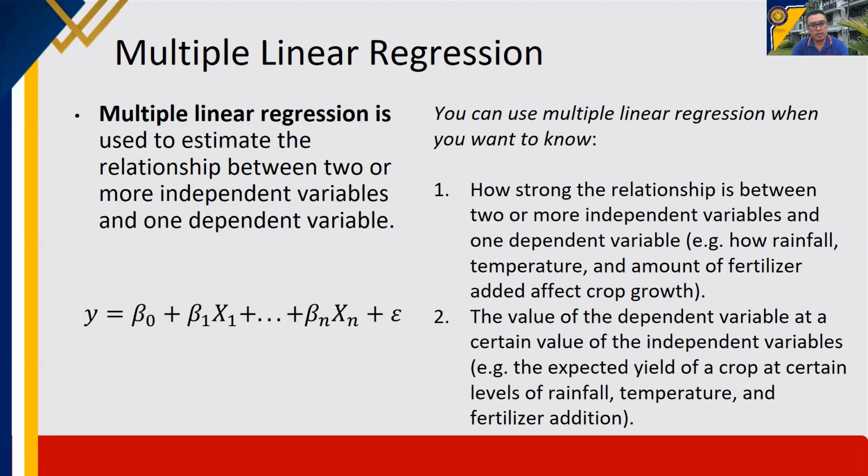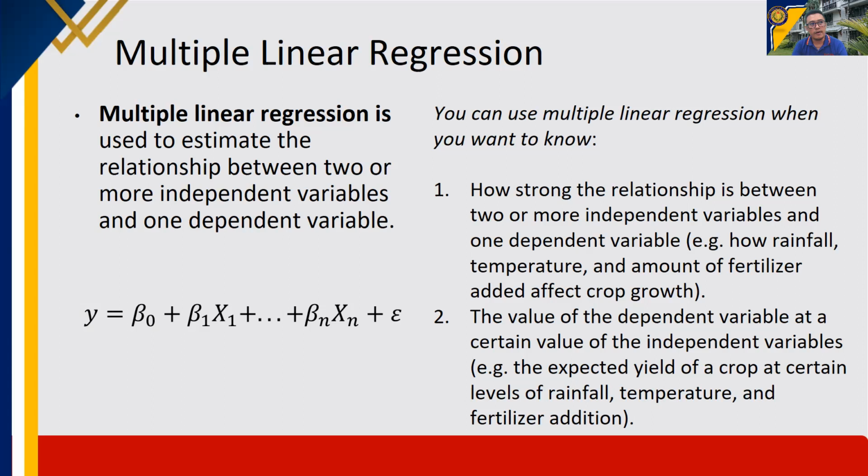Multiple linear regression is used to estimate the relationship between two or more independent variables and one dependent variable. If you go back to the linear model, we have only one independent variable. For multiple linear regression, we have two or more independent variables, and of course, one dependent variable.